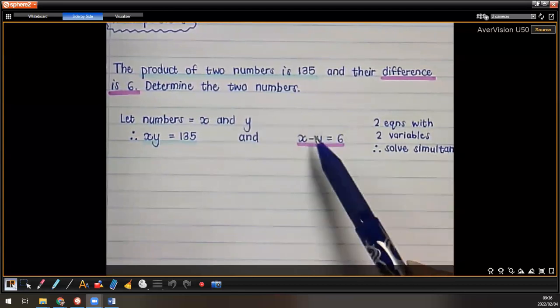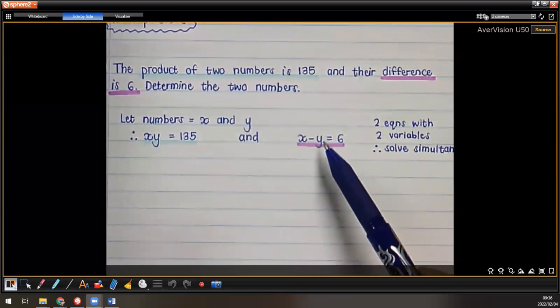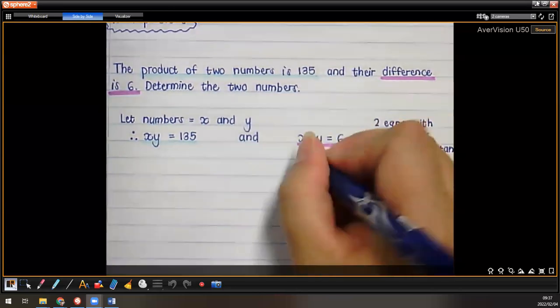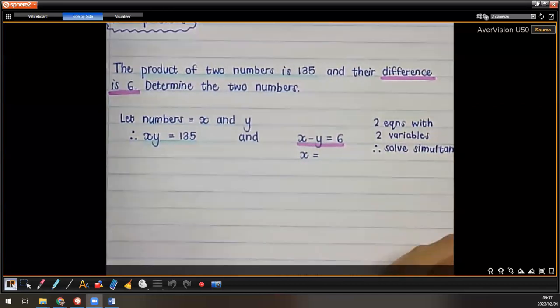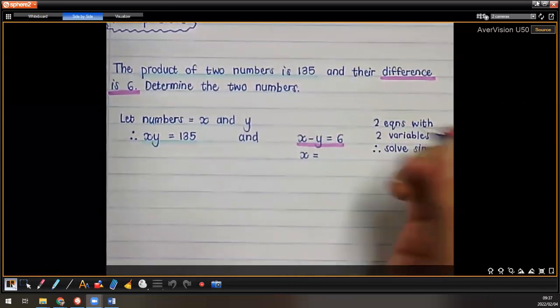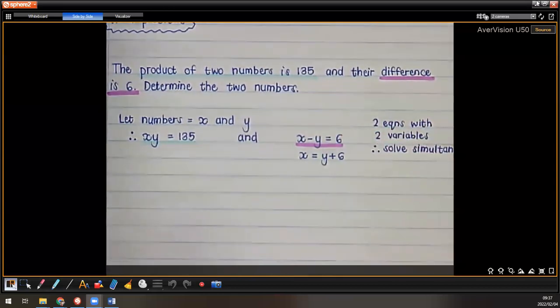If we're looking at this one here, it will be easy to make x the subject. We just move that minus y over. So x is equal to, negative y is going to become positive y. Now you can write it as 6 plus y or y plus 6. 6 plus y is also fine.